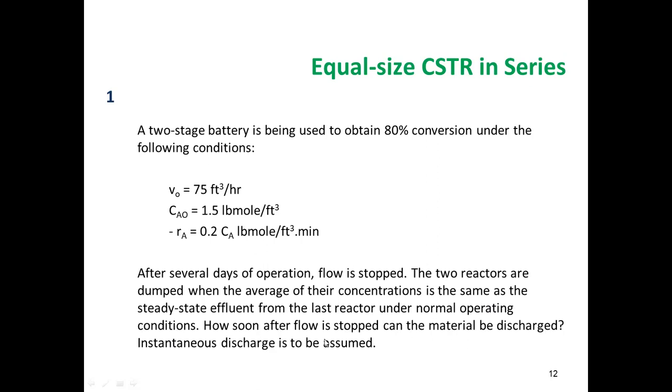How soon after flow is stopped can the material be discharged, with the scenario that the average concentration should be the same as the steady state effluent from the last reactor under normal operating conditions. The normal operating conditions being referred to is when the flow will not be stopped, meaning it would really function as a system of two MFRs in series.